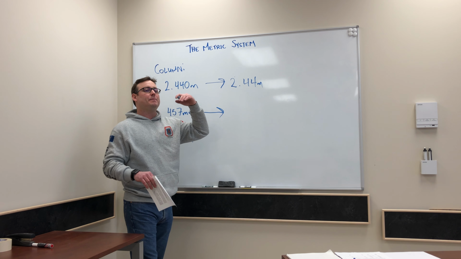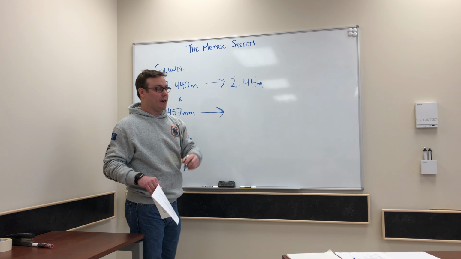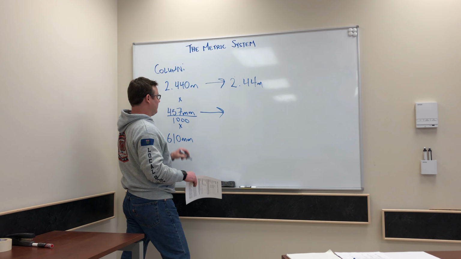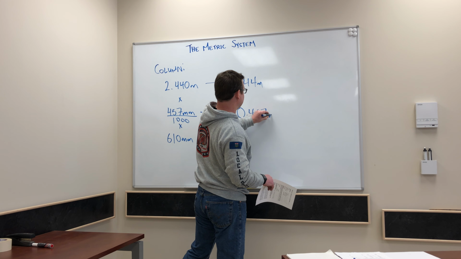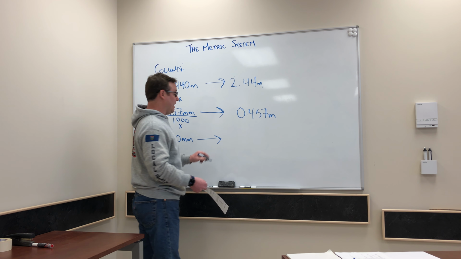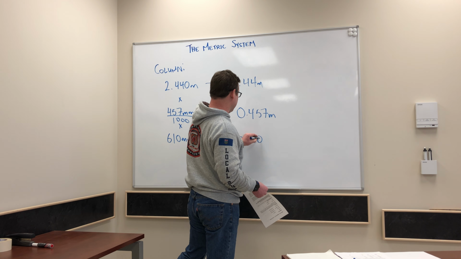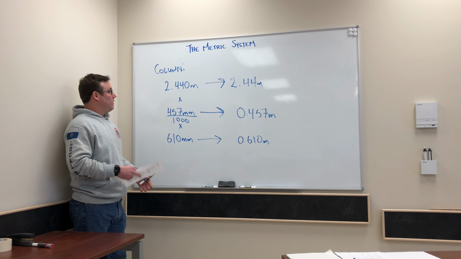Okay, we have 457 millimeters. If we're going to go to meters, what do we need to do? Julie, you got it. Divide by 1,000. Just divide this by 1,000. We have 0.457 meters. Good. Then for 610, Gary, you got it. 0.610 meters. Perfect. Excellent.